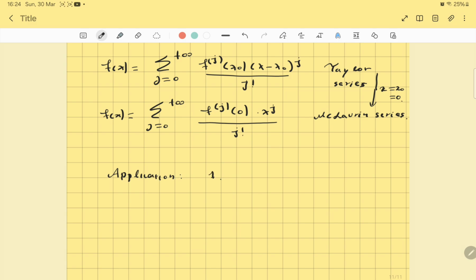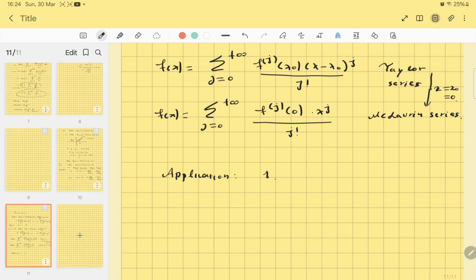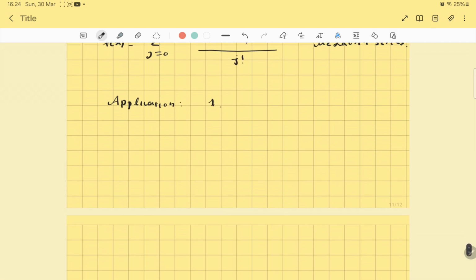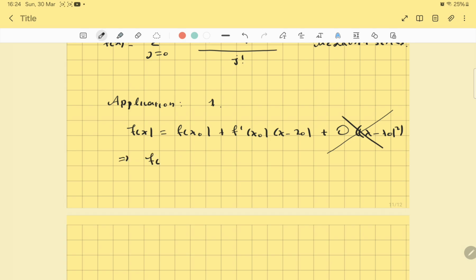One application is the following. Let's take the Taylor series, f of x equals f of x naught plus f prime of x naught times x minus x naught plus higher order terms. And let's drop the higher order terms and keep only these terms at the right hand side of my formula.